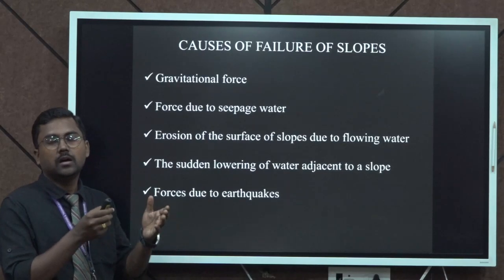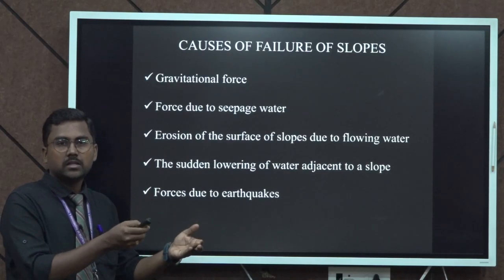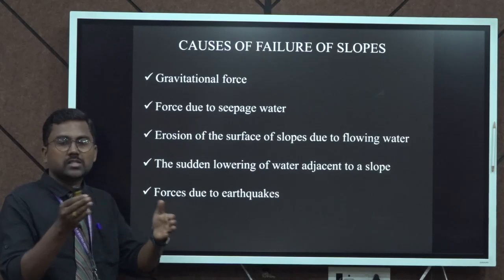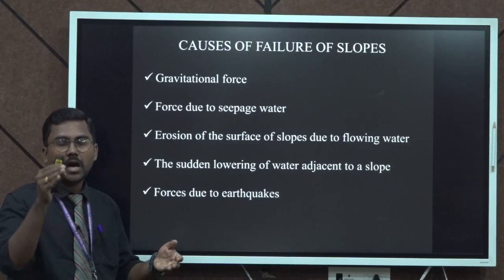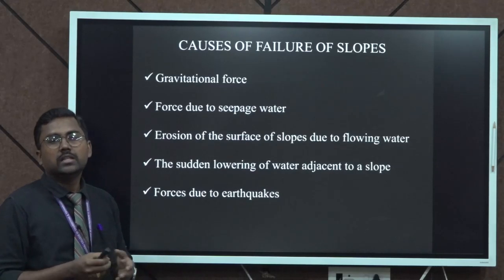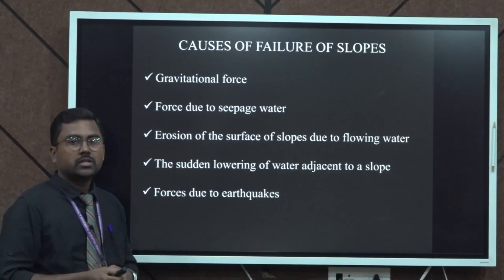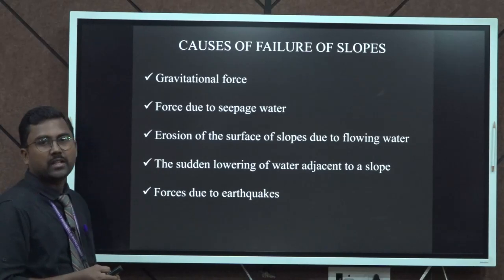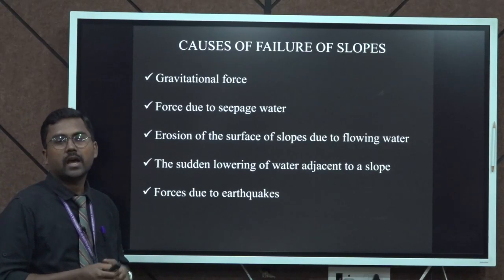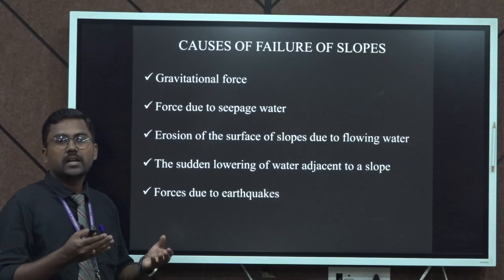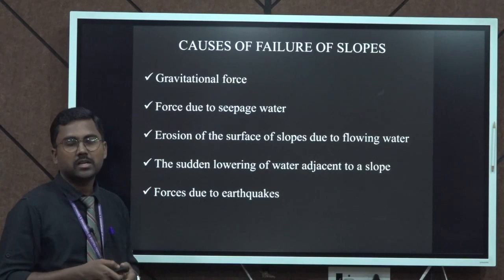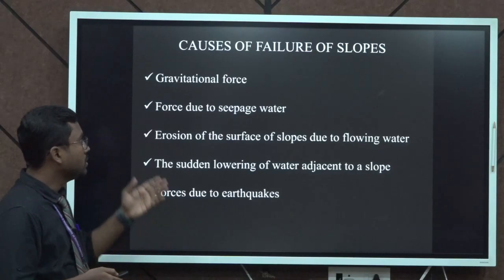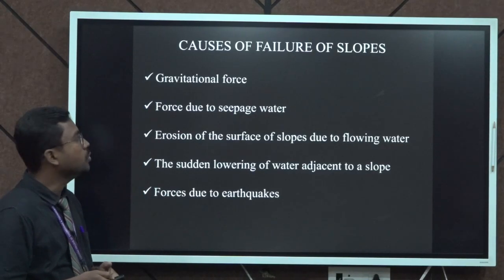When we consider an earthen dam, the water adjacent to the dam, when the water level suddenly decreases from a higher level to a lower level, will cause failure of the slope. And forces due to earthquakes and natural calamities: a sudden force acting on the earthen slope will cause damage to the slopes. These are the general causes of slope failure.